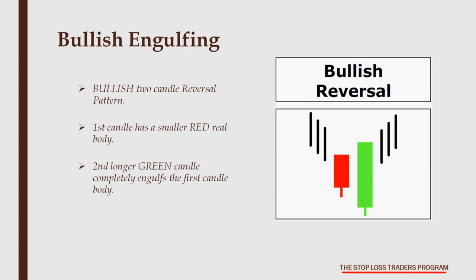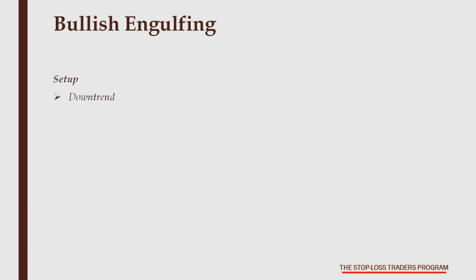Body should be completely engulfed. Engulf means enclosing that. If it is a bullish reversal pattern, it should be happening in a downtrend. Do you agree? And close to a conventional support, or in an accumulation area. Everyone agrees to that?